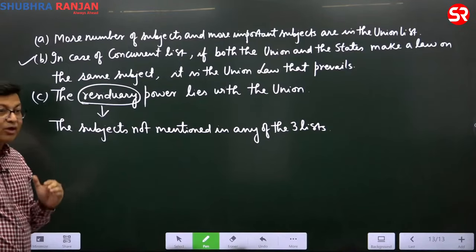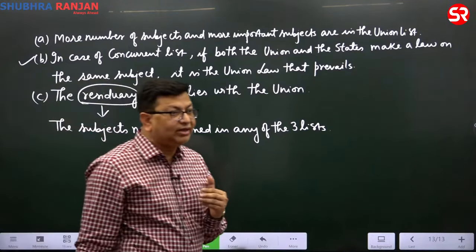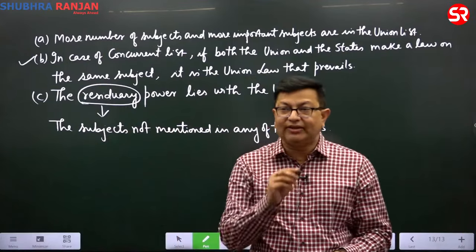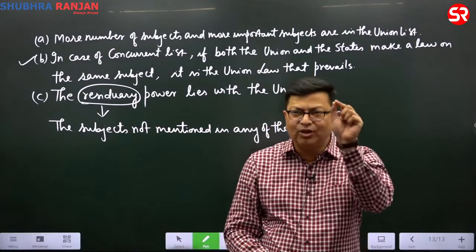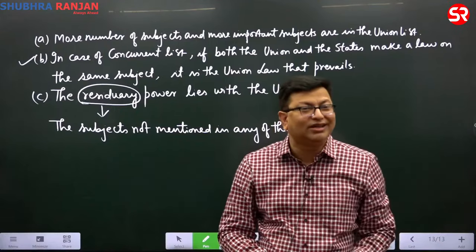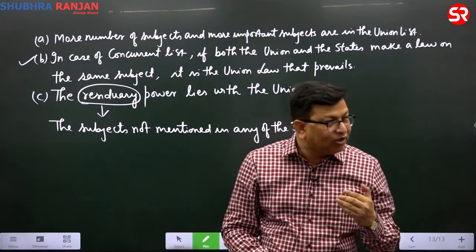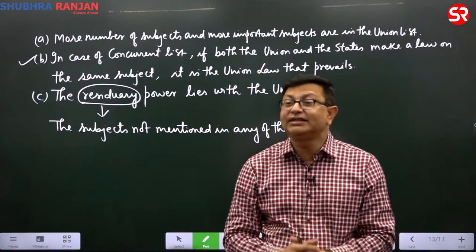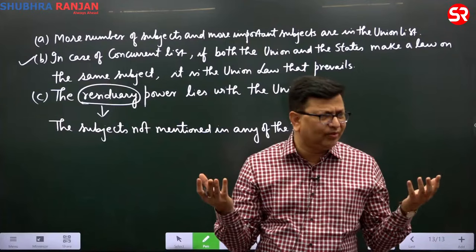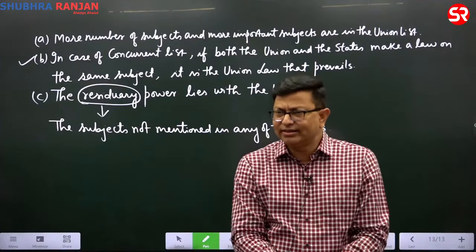So, when our constitution makers were writing the constitution and the subjects under the union list, state list and the concurrent list, at that point of time they may not have realized the importance of certain subjects. They may not have imagined also. For example, space.